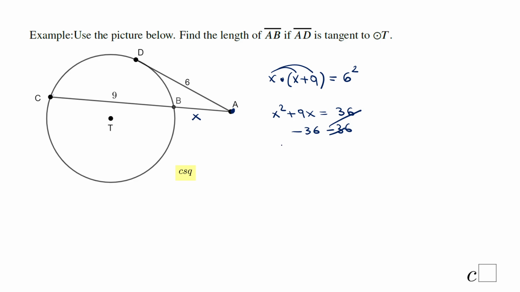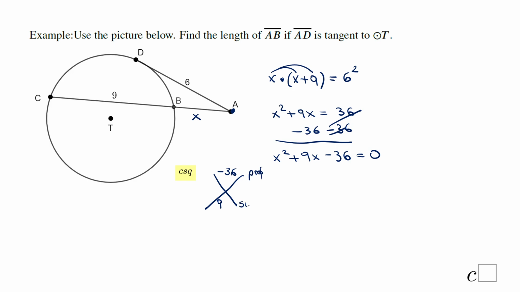So we have here x squared plus 9x minus 36 equals 0. And here the best way I think is to factor. We're looking for two numbers whose product is negative 36 and the sum is 9.